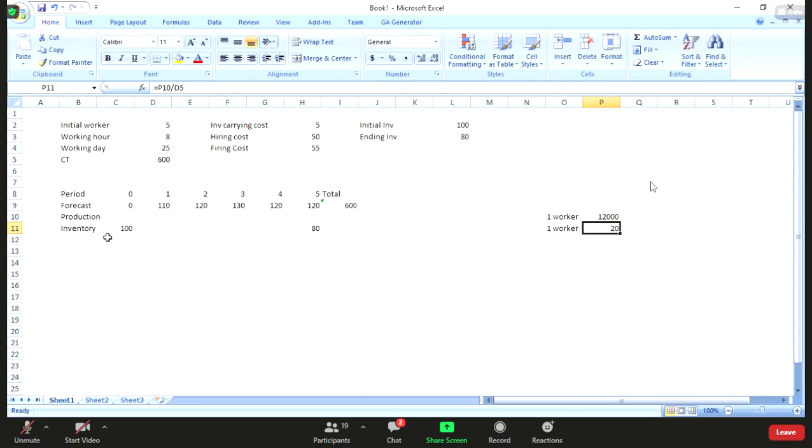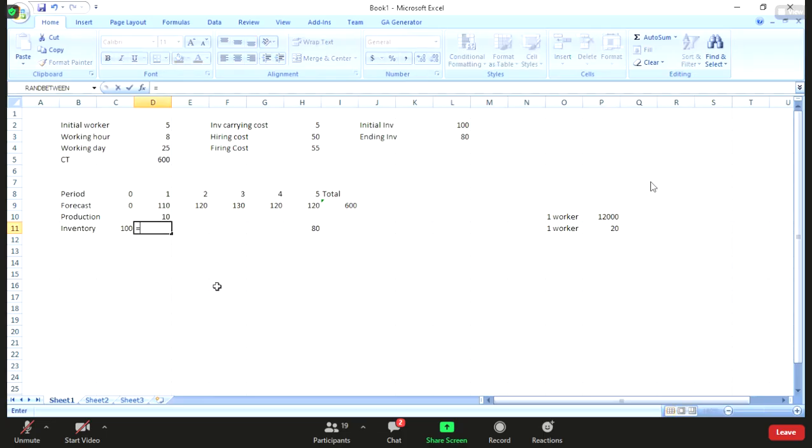Okay, please focus on this. Our inventory is 100. The requirements is only 110. It means that we need to produce only 10 units. So here, we put 10.